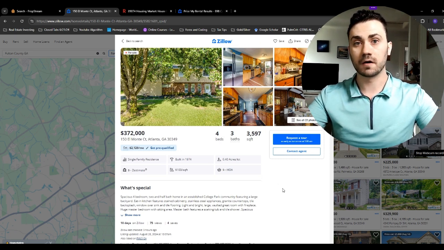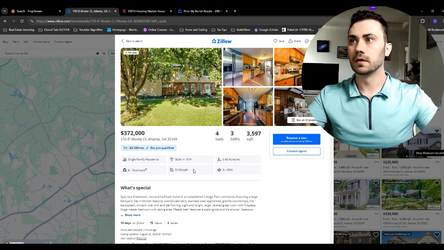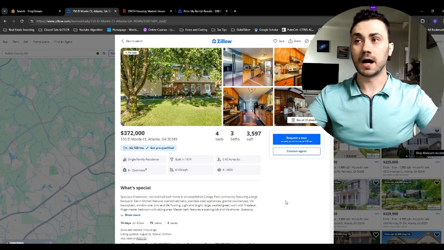But because we are the investor, we're going to have to be buying properties at or below market value. And it's currently listed at $372,000. I don't feel this property is worth this amount. And we're certainly not going to be comping this out immediately as of right now, because that would be a waste of time in the underwriting process.